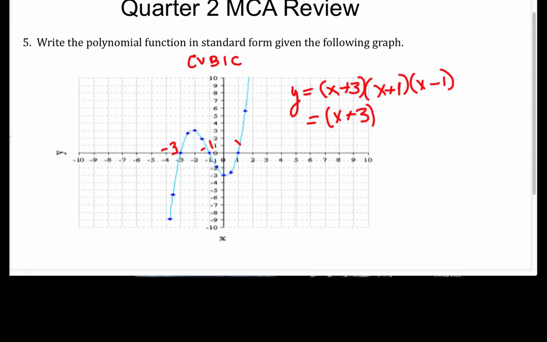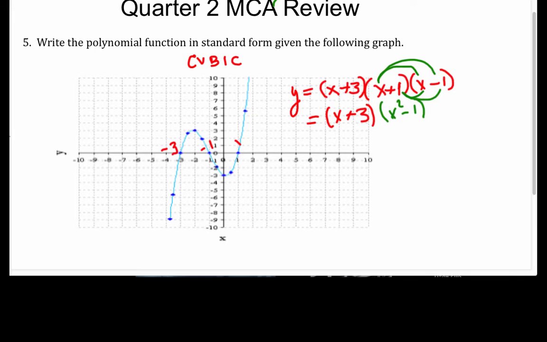So x times x, remember that's going to be x squared. X times -1 is a negative x, but that's canceled out by this positive x here. So negative x plus positive x adds out to 0. Now let's multiply the two last terms: a positive 1 and a negative 1 give me -1.